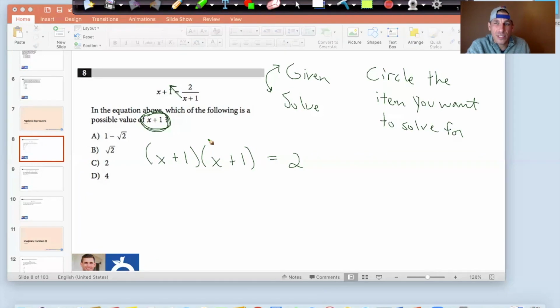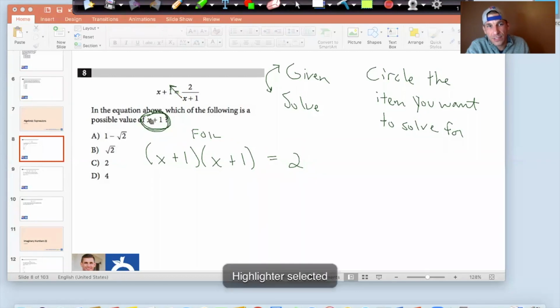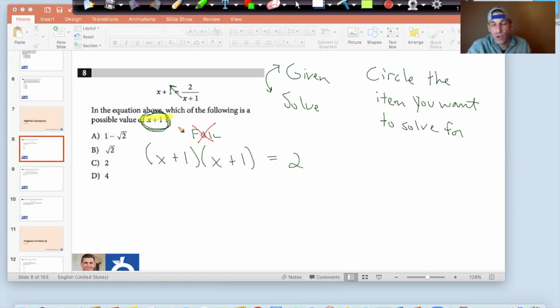But what some people might do is they might FOIL this. And if they FOIL this, then what they fail to recognize is that this wants to come together, right? So there's no reason for you to FOIL that, because then you have to separate it back, right, to make it a factor. So don't FOIL. If you FOIL in this case, it's because you weren't thinking ahead in terms of, oh, well, I'm going to have to solve for all of this together anyway, so it's going to make it a little bit more difficult.